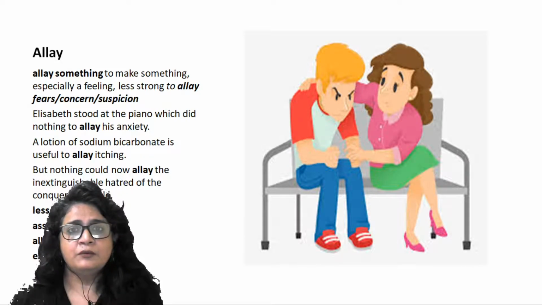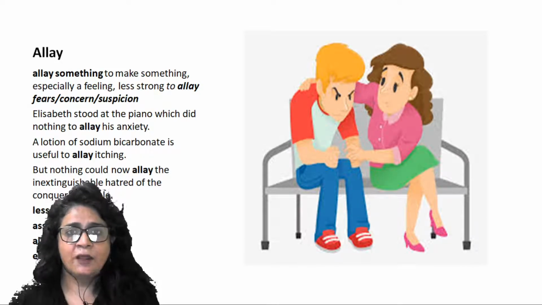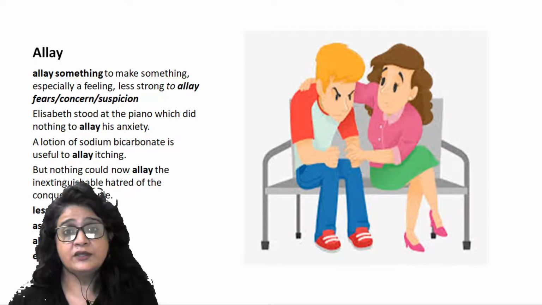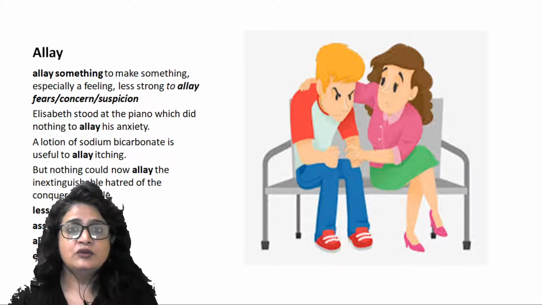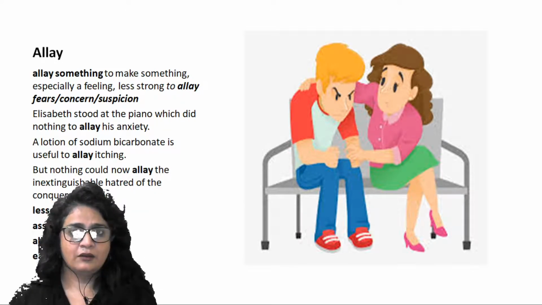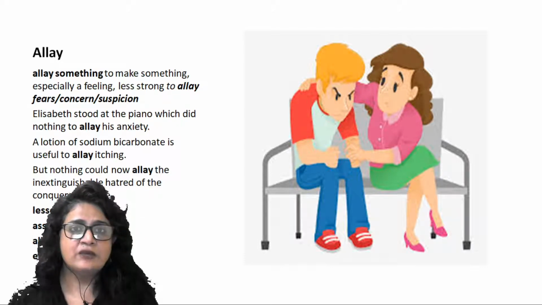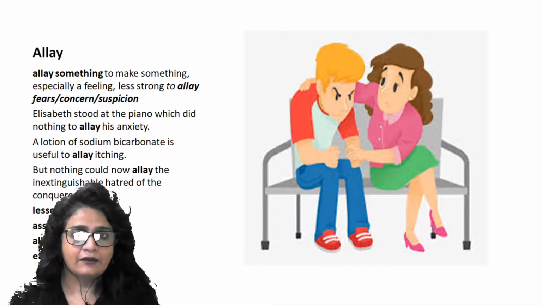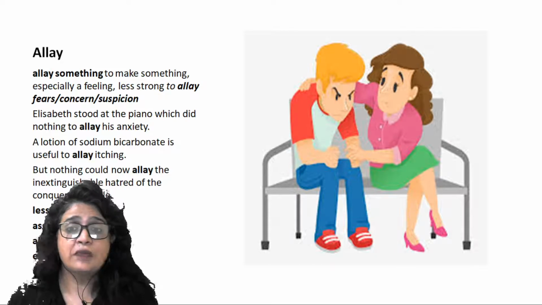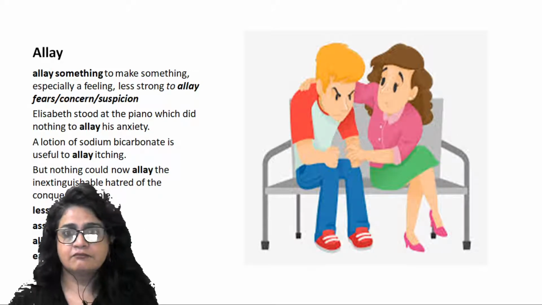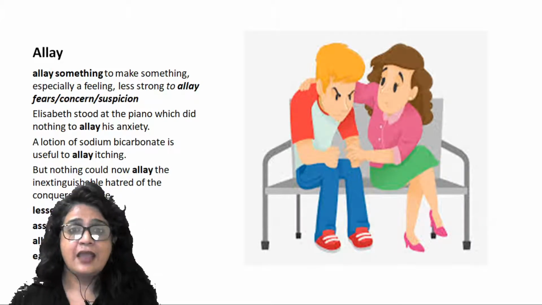So when you, by your gestures, by your speaking, by doing something nice to someone, try to bring down the negative effect of something, or you try to ease someone's negative feeling, you try to allay, right? So the word is allay. She's trying to allay her friend's disappointment, her friend's anger, right?